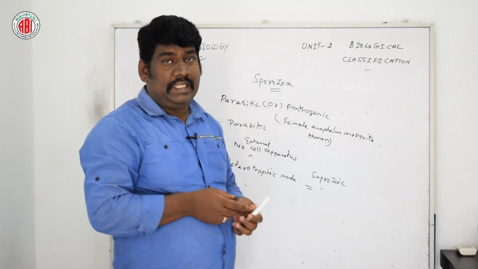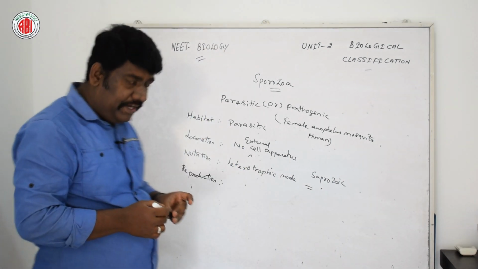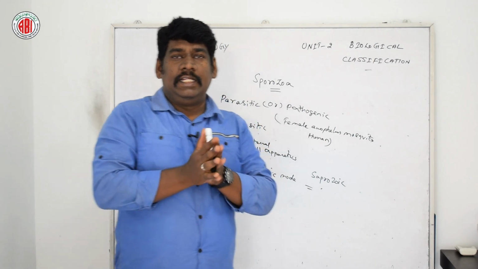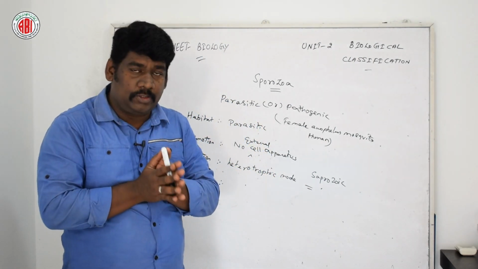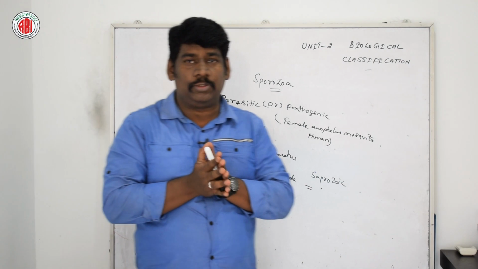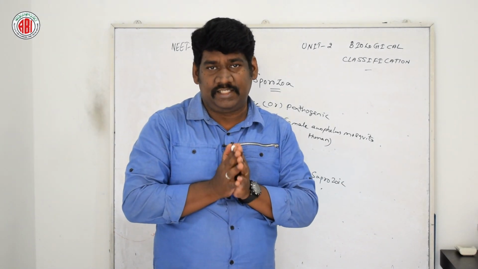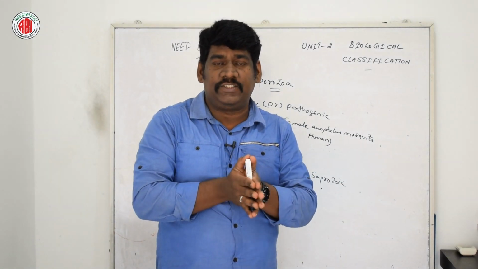Talking about reproduction. The organisms belonging to sporozoa generally show alternation of generations between asexual and sexual modes of reproduction.